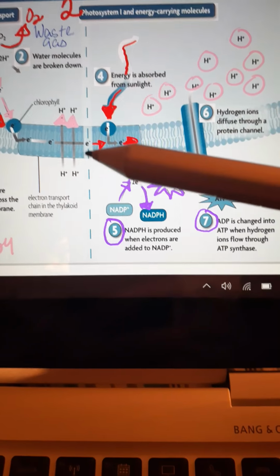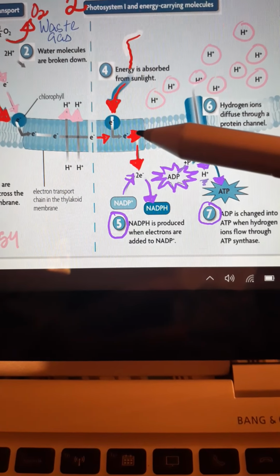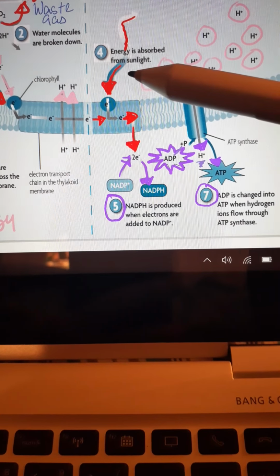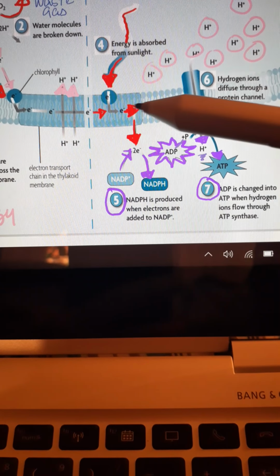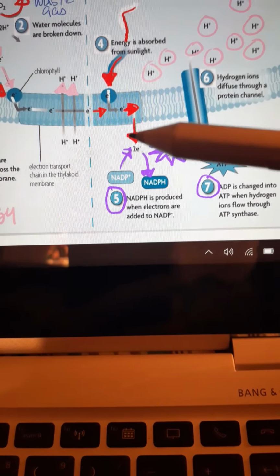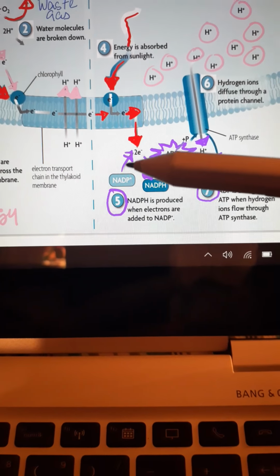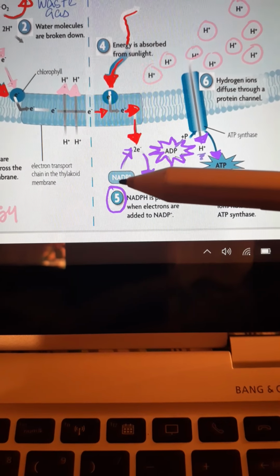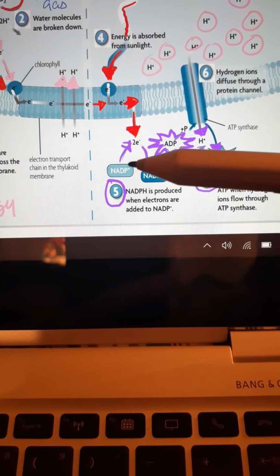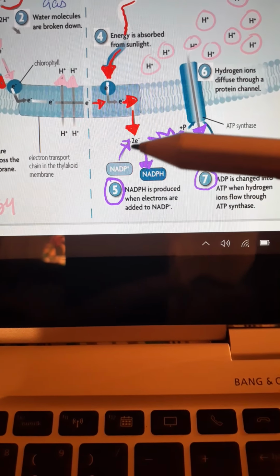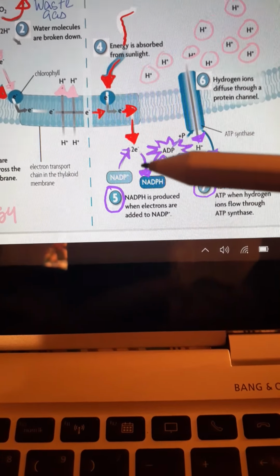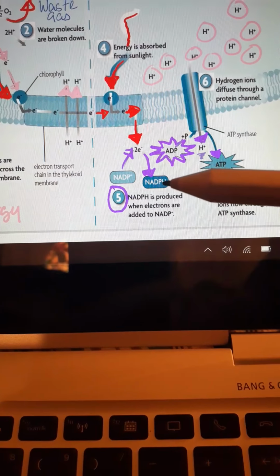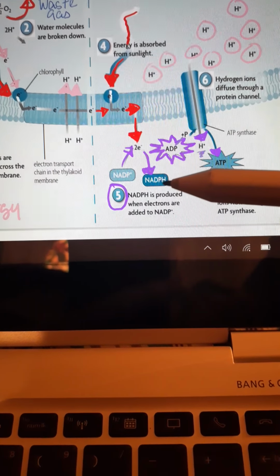But here, the high energy electrons, once they get excited and come down that electron transport chain, their energy is going to be given to this molecule, nicotinamide adenine dinucleotide phosphate, NADP plus, charged plus the electrons, are going to reduce that to an energy carrier. Where's the energy? It's right here in that hydrogen ion where the electrons are.